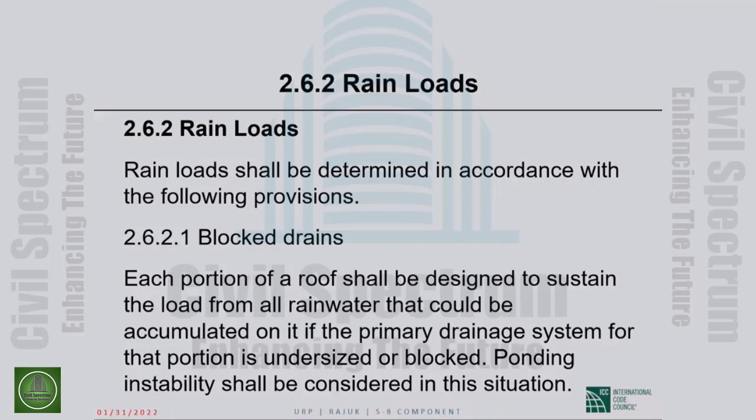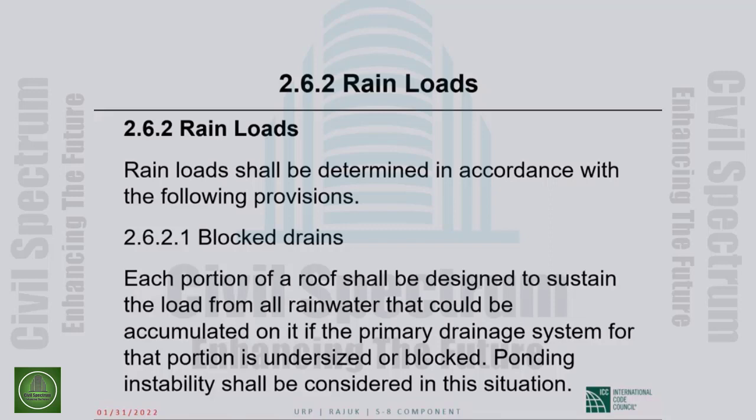So following provision, the first thing it says: blocked drains. Each portion of a roof shall be designed to sustain the load from all rainwater that could be accumulated on it if the primary drainage system for that portion is undersized or blocked.